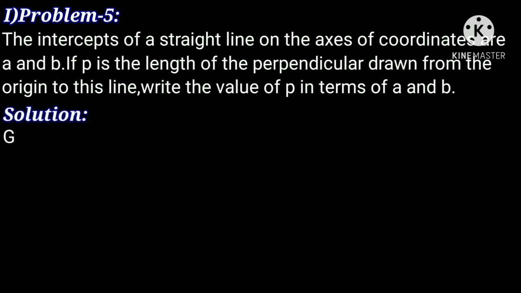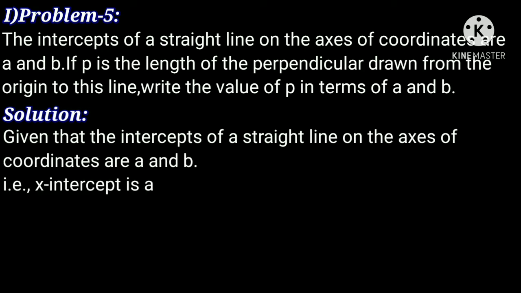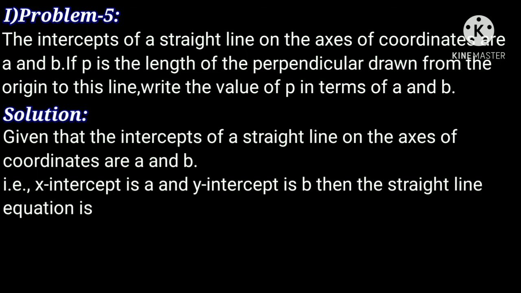Solution. Given that the intercepts of a straight line on the axes of coordinates are A and B, that is, x-intercept is A and y-intercept is B, then the straight line equation is x by A plus y by B equal to 1. Now we will turn the above equation into general form.